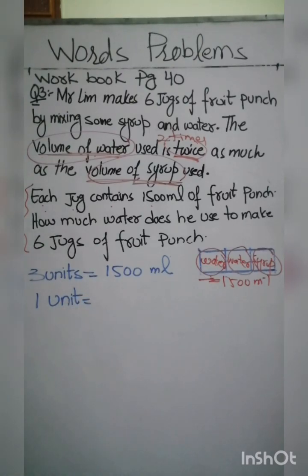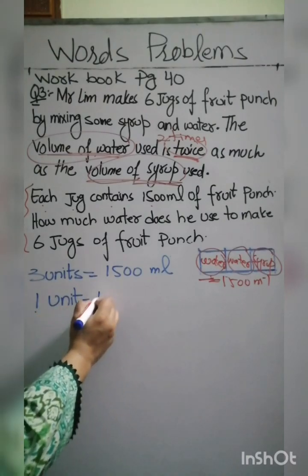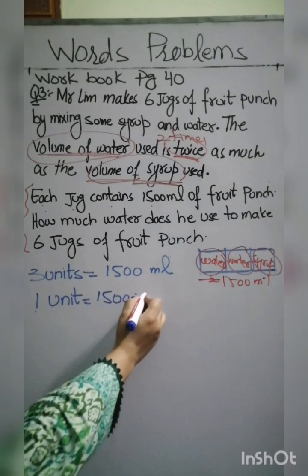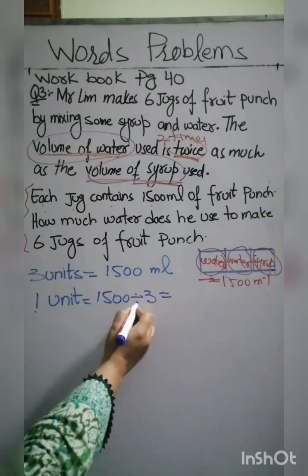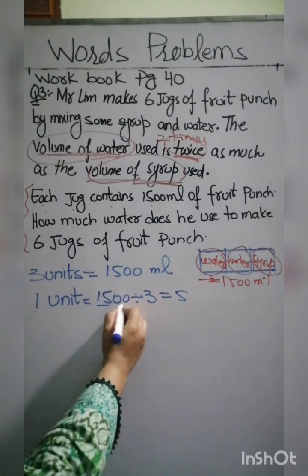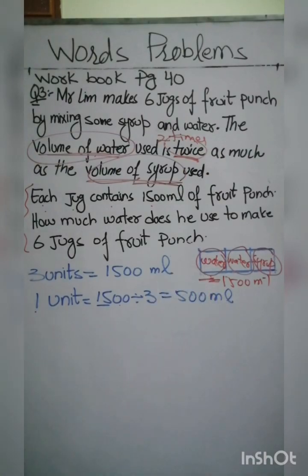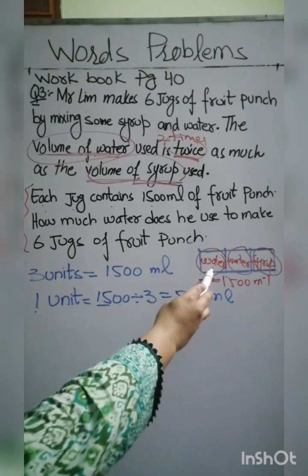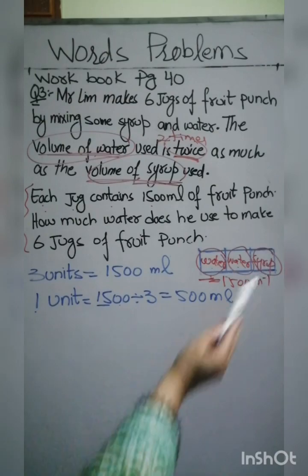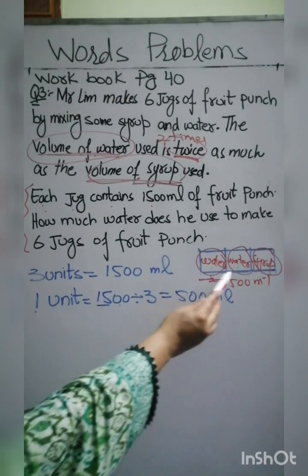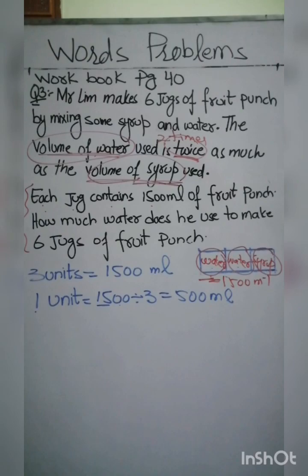If we have more values and we want to find 1, then we divide. 3 5s are 15 and 2 0s as it is. So 1 unit contains 500 ml. It means 500 ml, 500 ml. We have 2 times water, so we multiply it by 2.